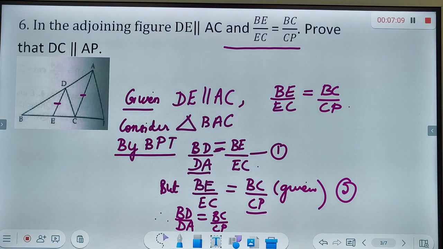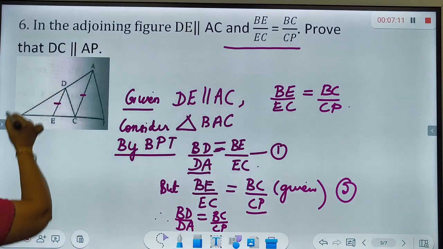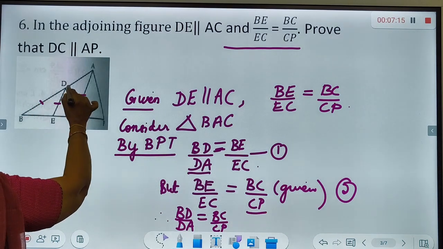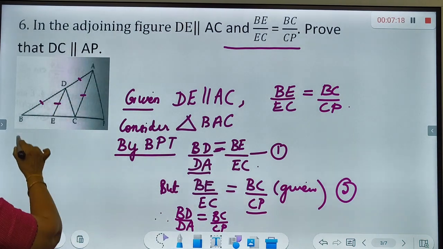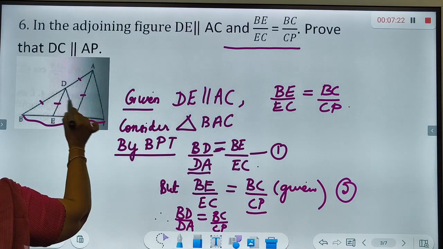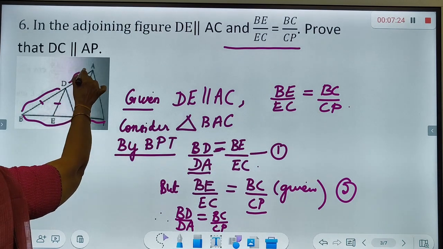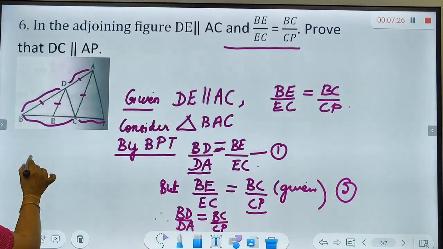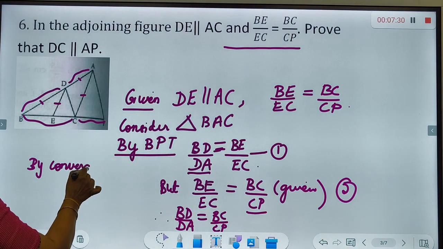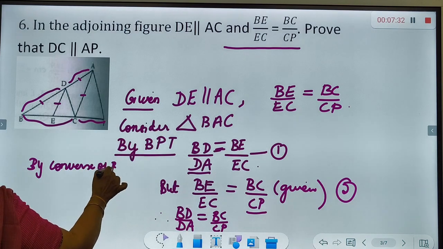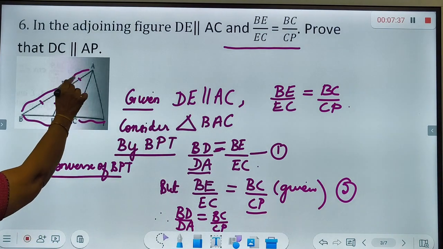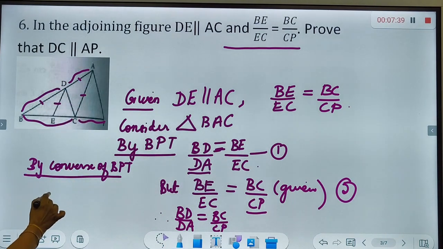How does this prove that DC is parallel to AP? If BD by DA is equal to BC by CP, then what can you say? By converse of basic proportionality theorem, if the sides are proportional, the line must be parallel.